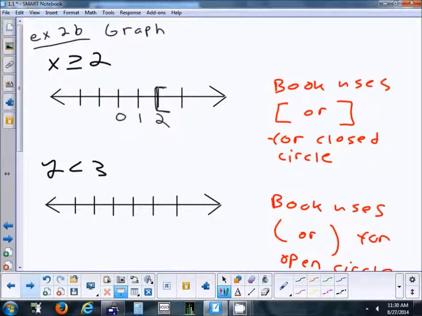The bracket has to face in the direction you're going to shade, so we're going to shade to the right. Same thing with the parenthesis. We have to pick the right parenthesis for which way it's going to shade. So I need a parenthesis on 3, specifically opening to the left, and I'm going to shade everything left.